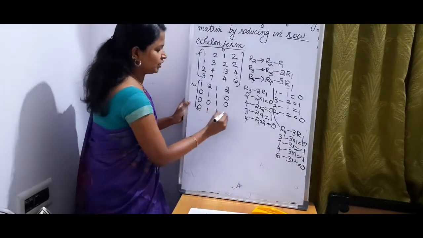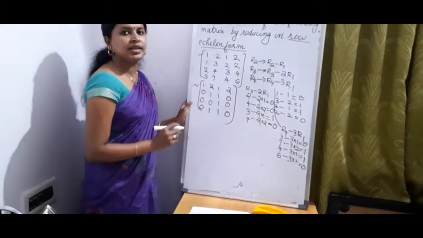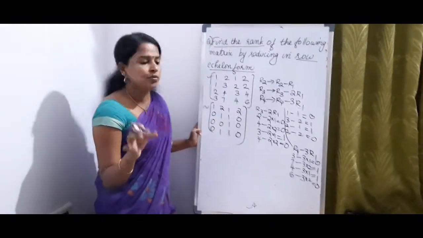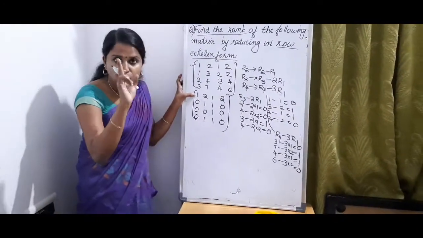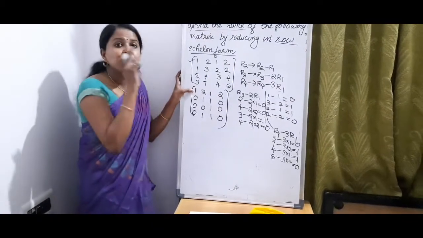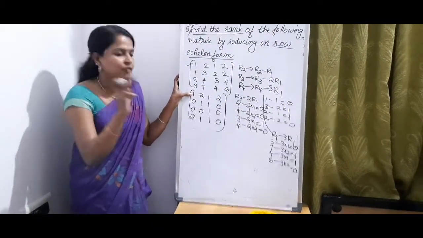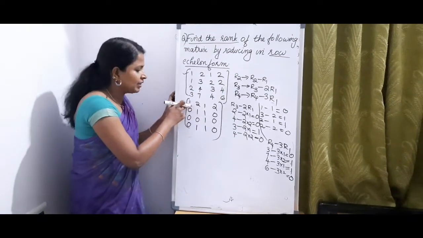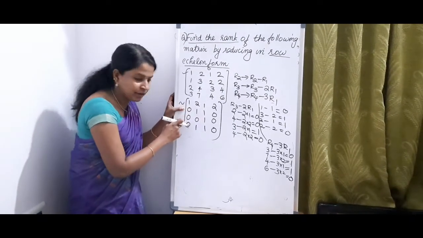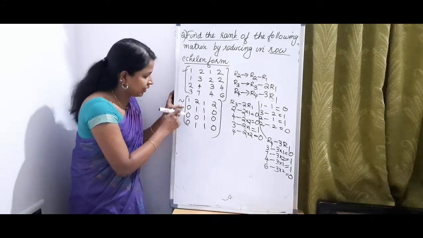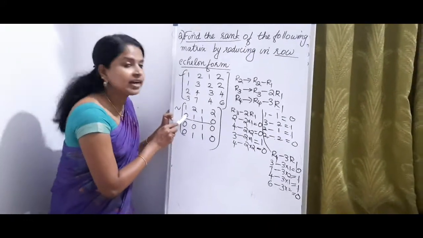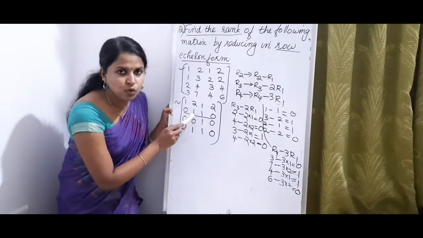To convert to row echelon form, first we consider row 1. In row 1, the first non-zero element will be 1, and the remaining elements of that column will be zeros, that is 0, 0, 0. Next, we consider the second row.